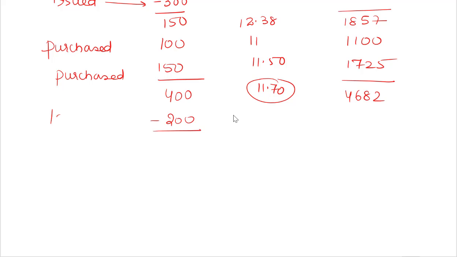We need to issue 200. From 400, 200 is issued. 200 is remaining at 11.70, 2340.